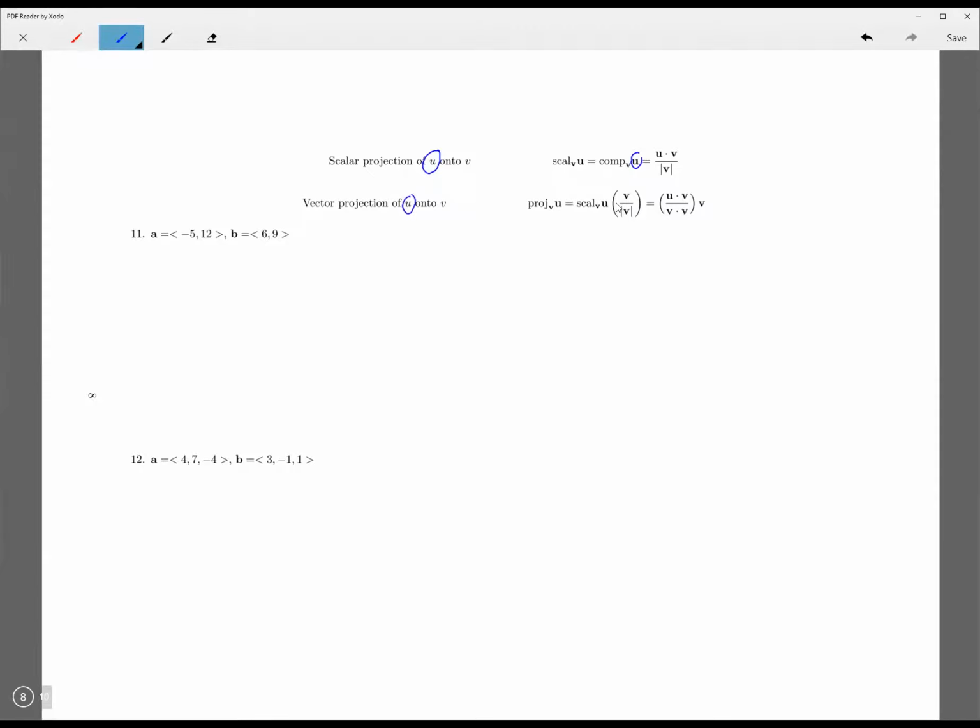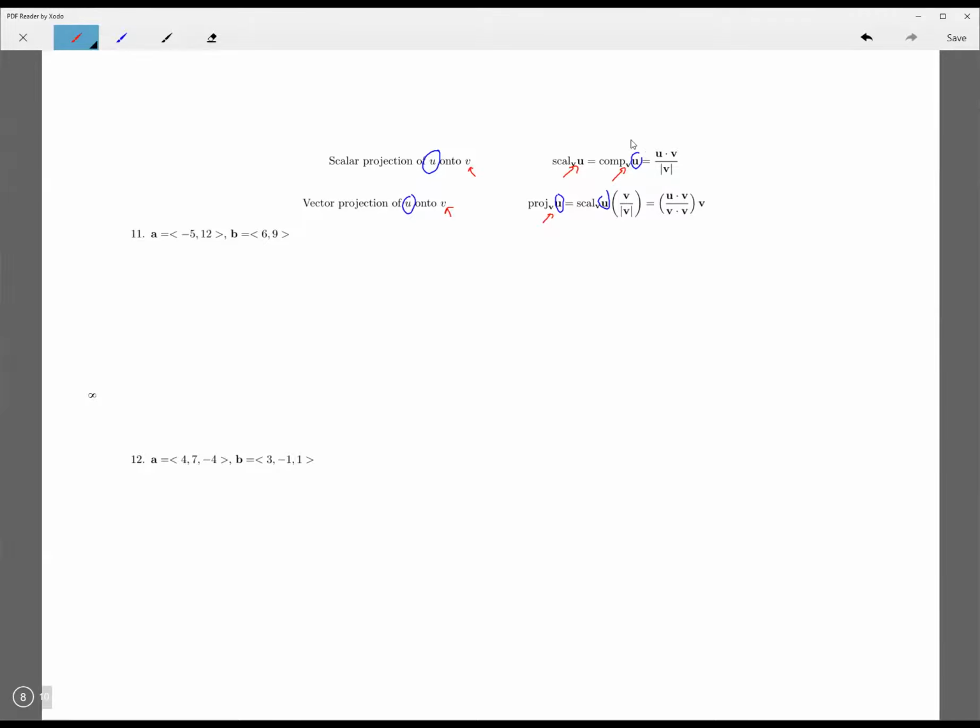And then v is the vector that gets projected onto. Okay, and the onto one is the subscript. That's really important.